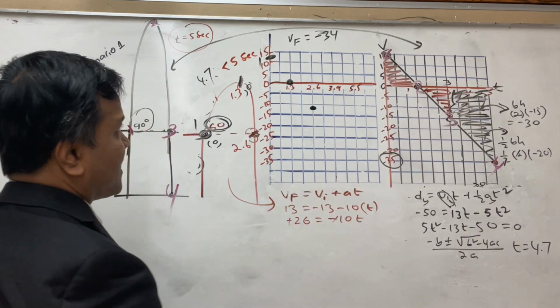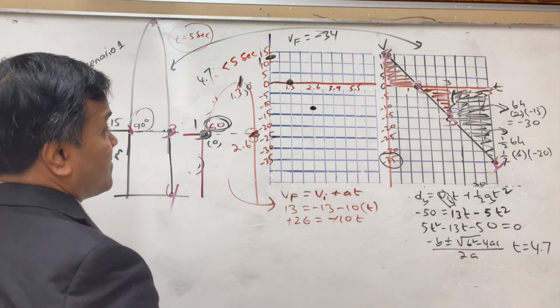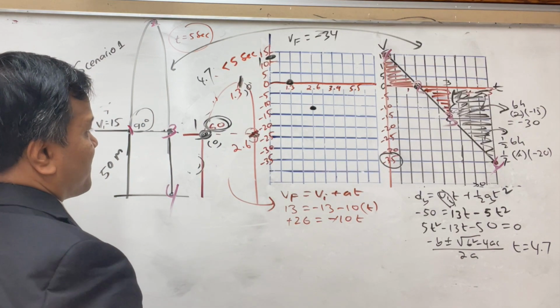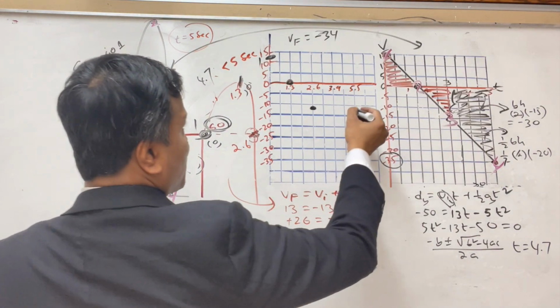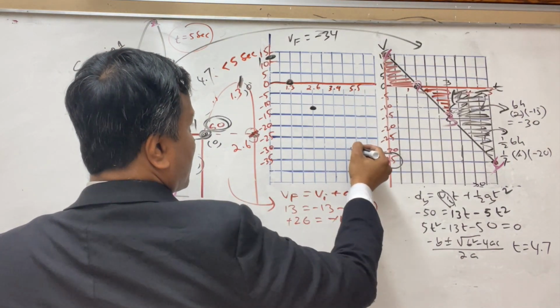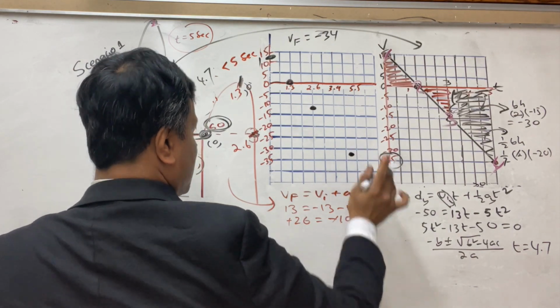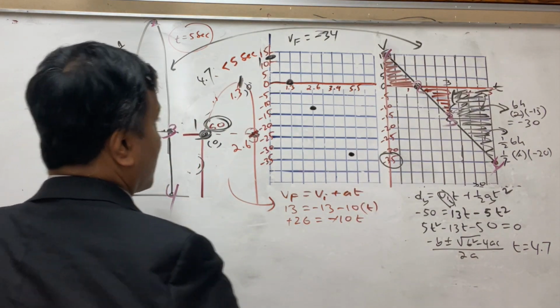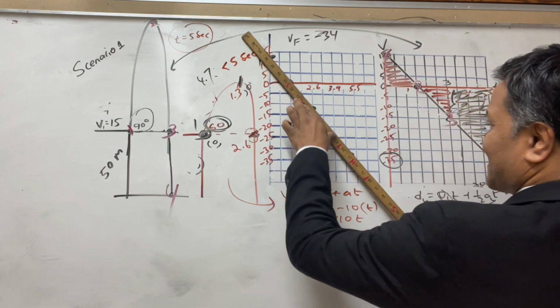Alright, and then 4.7 comma negative 34. Okay, so this is what we had. Now we're going to connect them just like the other one.